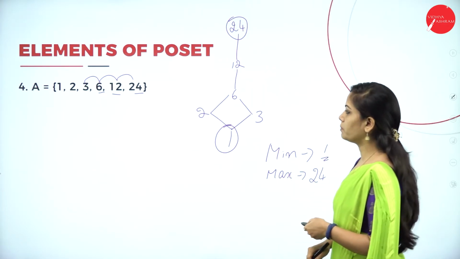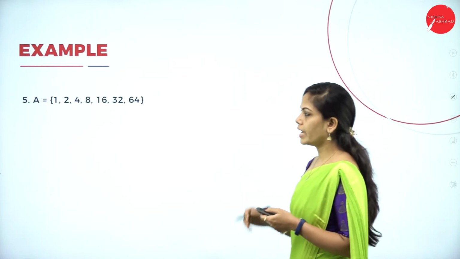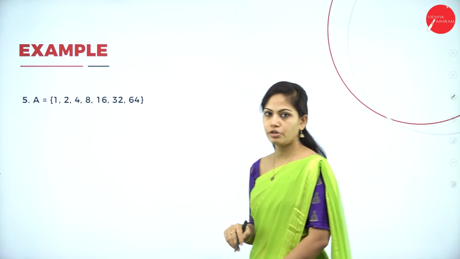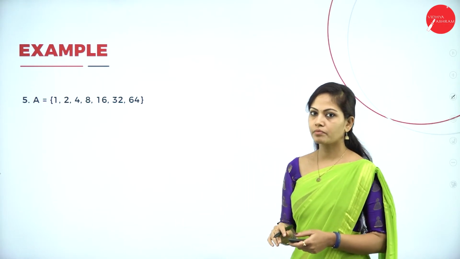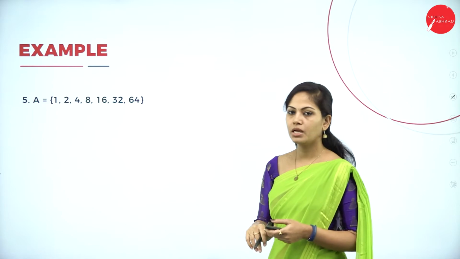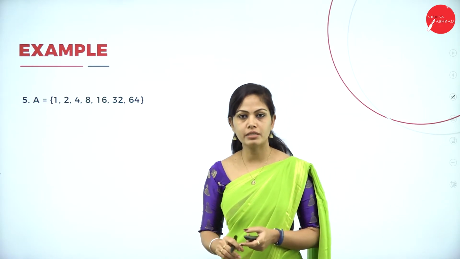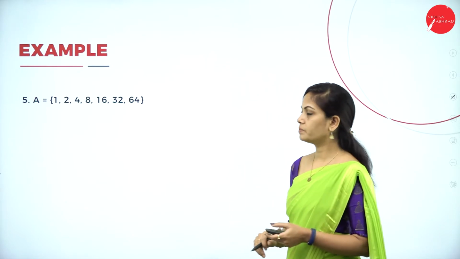And the next problem is A is equal to 1, 2, 4, 8, 16, 32 and 64. So here you have to find the Hasse diagram and also find the minimal and maximal element.